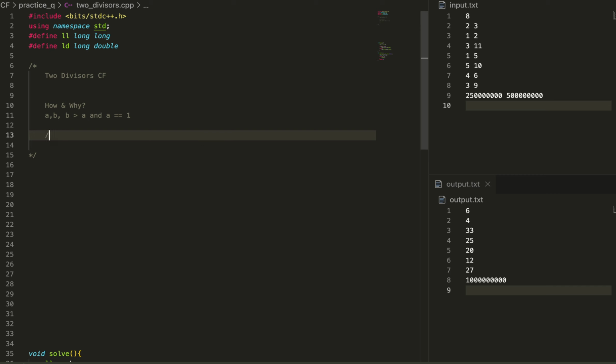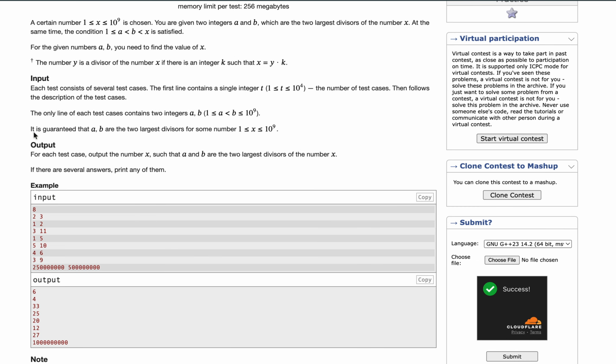But caution, this is the most important thing that I'm going to say. Don't try to use your own test cases. Why is that? Because it is guaranteed in the problem statement that a and b are the two largest divisors for some number x. That means such a number x is going to exist.